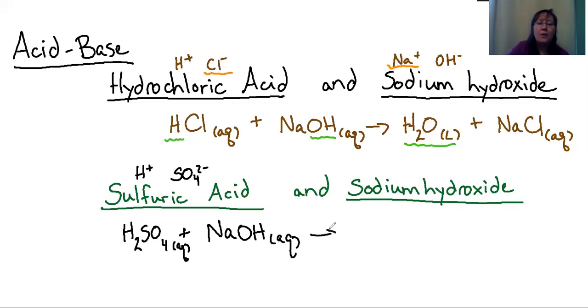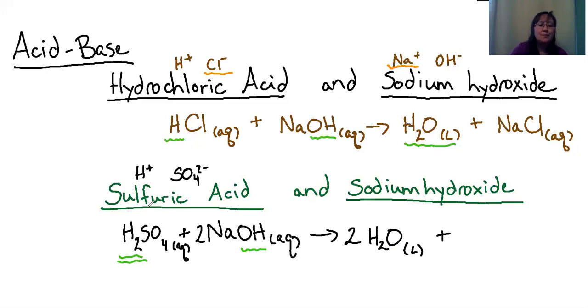Okay, now let's take a look at what's going on here. Here we have 1 hydroxide, but we have 2 protons. Okay, well that means that with those 2 protons, we'll need 2 hydroxides to balance out the 2 protons. 2 protons and 2 hydroxides make 2 waters, 2 H2O. And that's how you're going to determine how to balance an acid-base reaction.